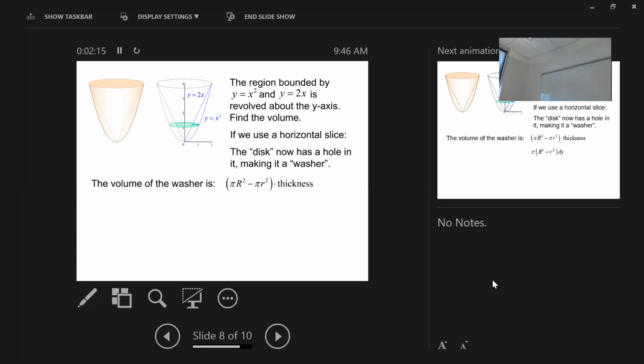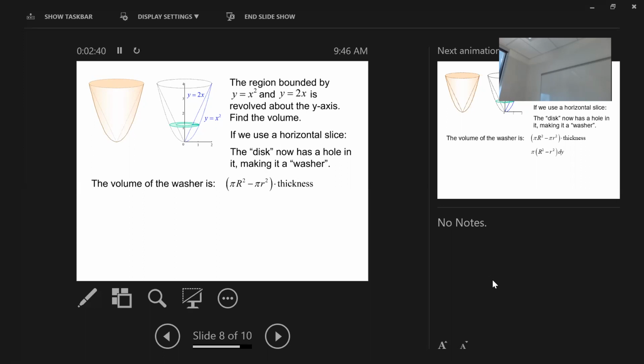Then this is little r. And if you did pi r squared to this, it would give you the inner circle. And when you subtracted the inner circle from the outer circle, that would leave you the surface area of the washer. So that's where pi big R squared subtract pi little r squared comes from.